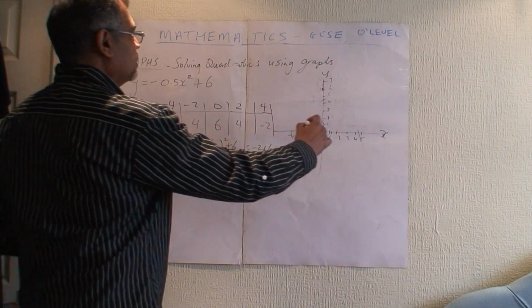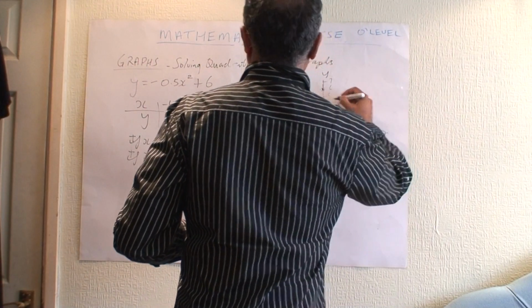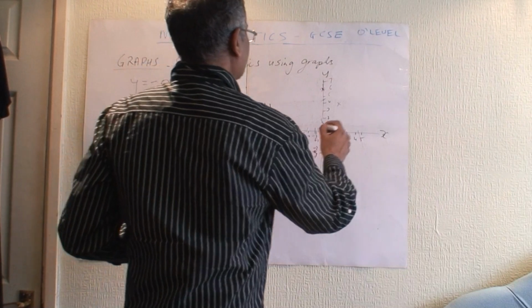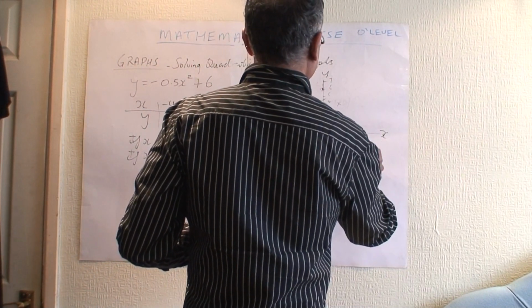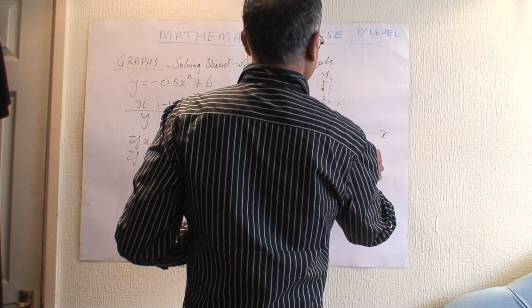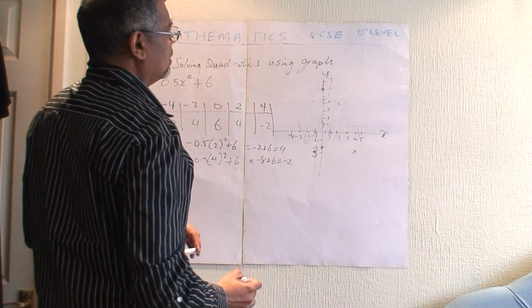So 2 and 4, and 4 and minus 2. 4 and minus 2 is about there.